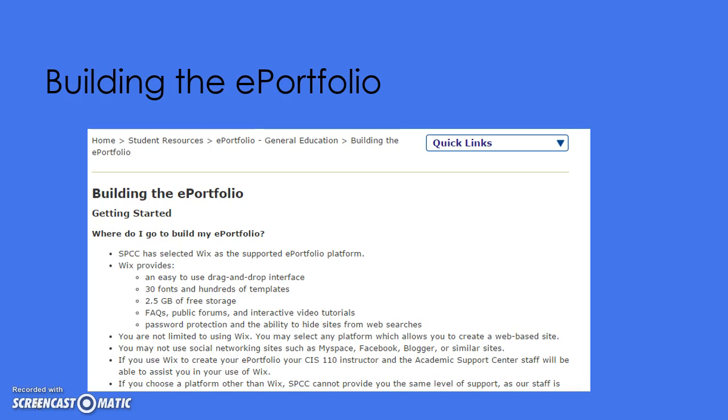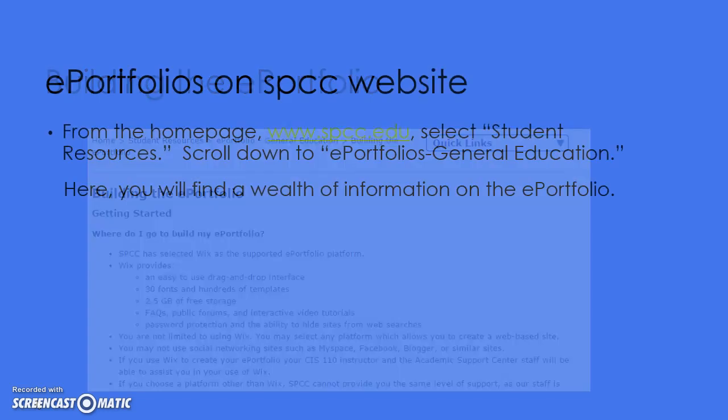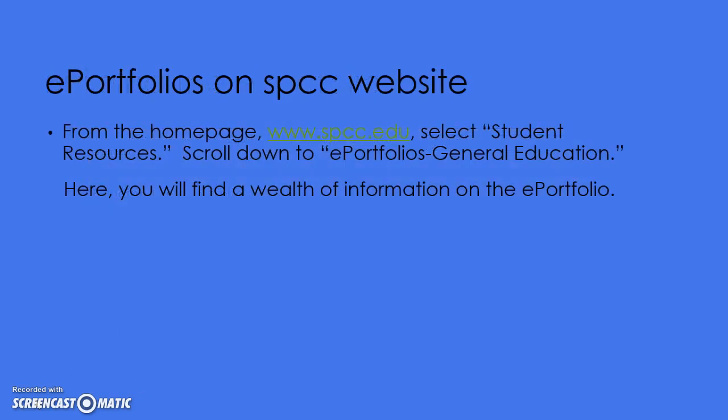If you're not sure how to do this, you can always come to an ePortfolio workshop or come to the Academic Support Center on either the OCH or LLP campuses. And on the website, I think I've said this before, to get all the information on the ePortfolio, select Student Resources, then scroll down to ePortfolio General Education, and then you'll just see a lot of pages on the ePortfolio.